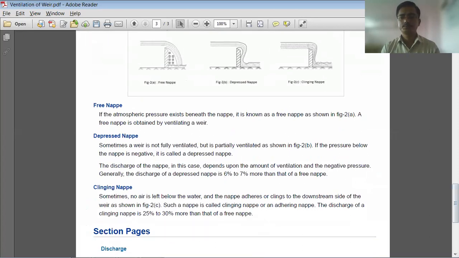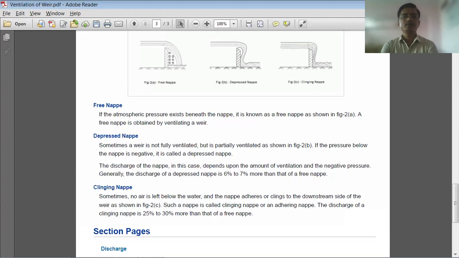If the atmospheric pressure exists beneath the nappe, it is known as the free nappe, as shown in figure A. Free nappe is obtained by ventilating a weir. After ventilation we get a free nappe.